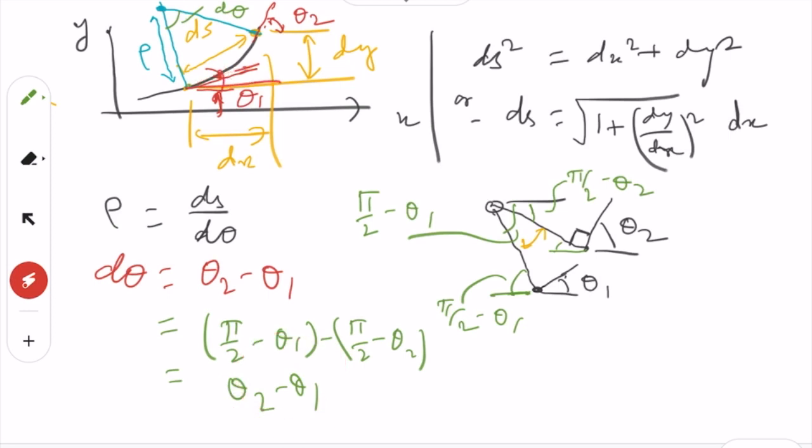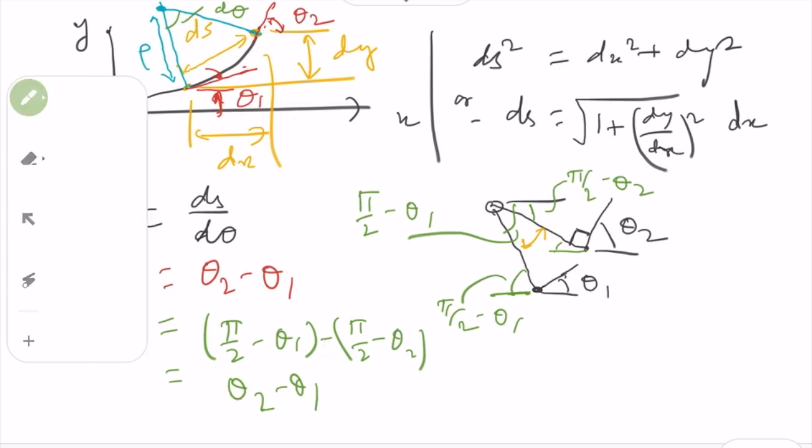But theta is basically the slope, right? Since theta 1 and theta 2 are very, very small, we can write it like this.